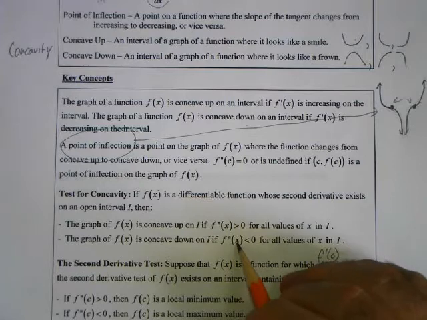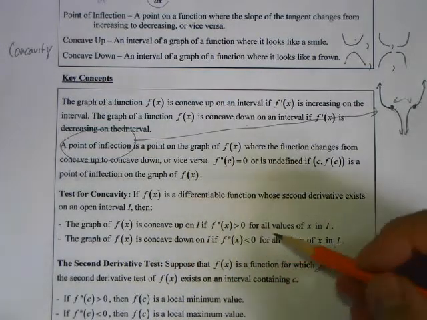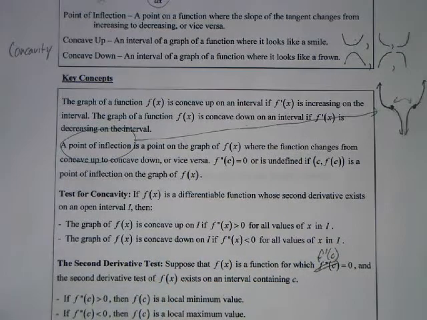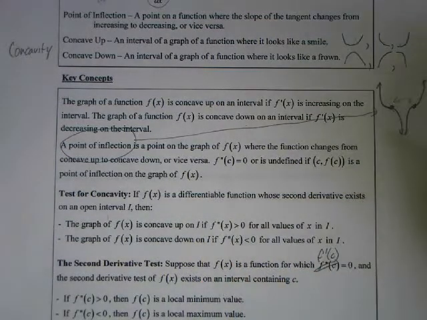If the second derivative is negative for that value of x, then it's concave down. So we apply the interval test for concavity to see what's going on to the left and right of the points of inflection.